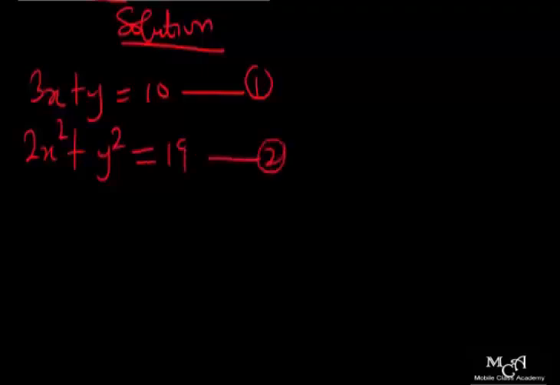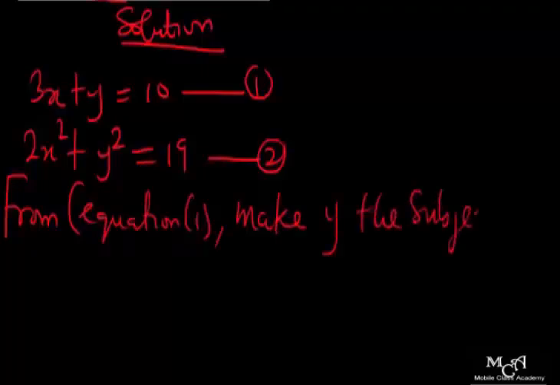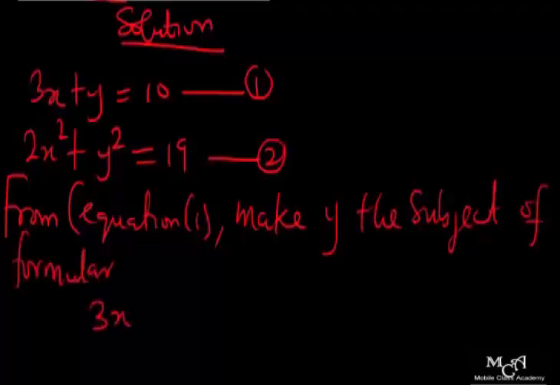which is equation 2. Now what I will do here to solve this simultaneous equation is to make y the subject of formula in equation 1. My equation 1 is 3x plus y equal to 10.